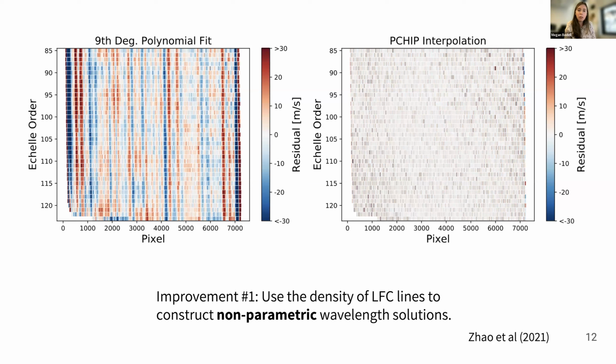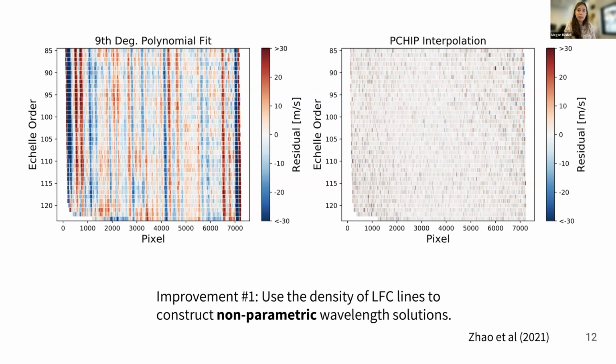And that makes sense. I think we always knew that it was more complicated than a 9th degree polynomial. We were just using that model because it was what we were capable of doing with the data in hand from gas lamps that were used to calibrate before this.